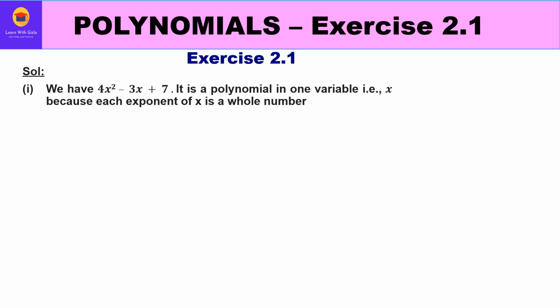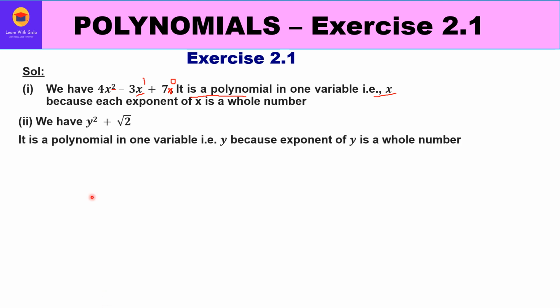Now let us see over here, x raised to power 2, that is a whole number. x raised to power 1, 7 into x raised to power 0 we can say. So 2, 1, 0 all are whole numbers, right? They are non-negative integers. So we can say yes, it is a polynomial in one variable, that is x, because the exponent of x is a whole number, right?